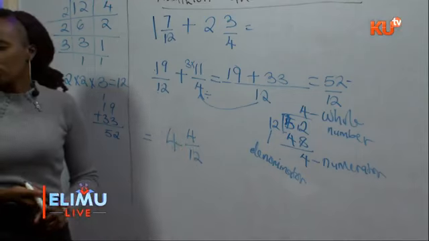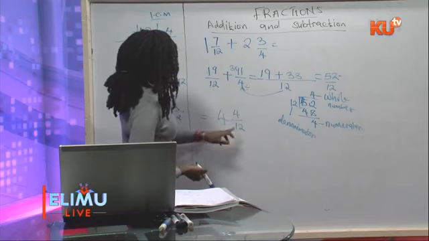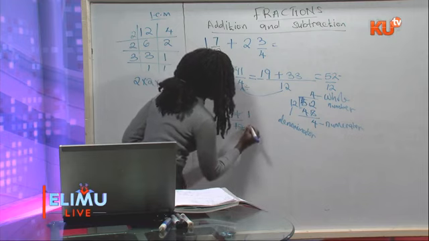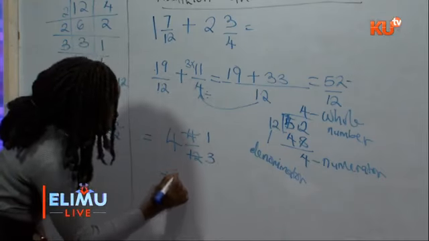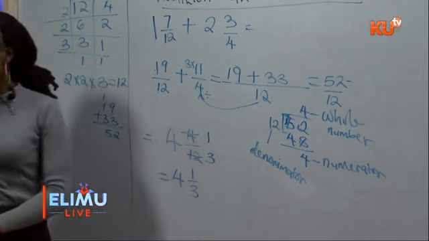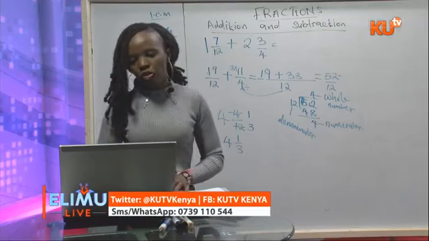Remember, we talked of the knowledge of simplification of fractions. So we need to simplify 4 over 12. So we divide by 4, we get 1. 12 by 4, we get 3. So our final answer is going to be 4 and a third. So 4 and a third is our answer for that question.